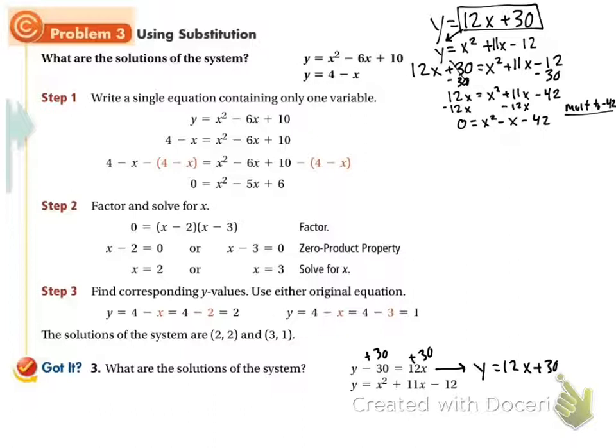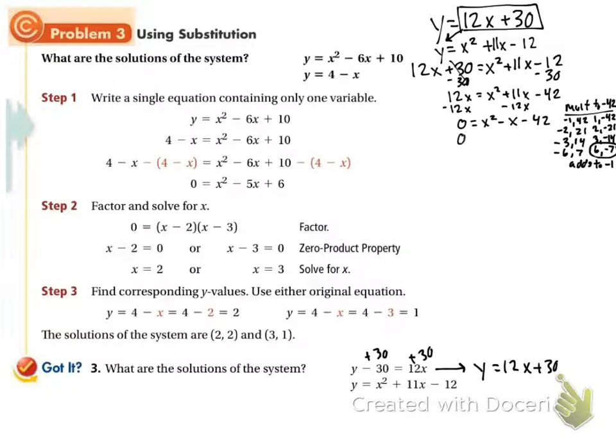So, negative 1 and 42, negative 2 and 21, negative 3 and 14, 4 doesn't work, 5 won't work, negative 6 and 7, and then I'll make my second list. 1 and negative 42, 2 and negative 21, 3 and negative 14, 6 and negative 7. And we're looking for the one that adds to negative 1, which is going to be this group here.